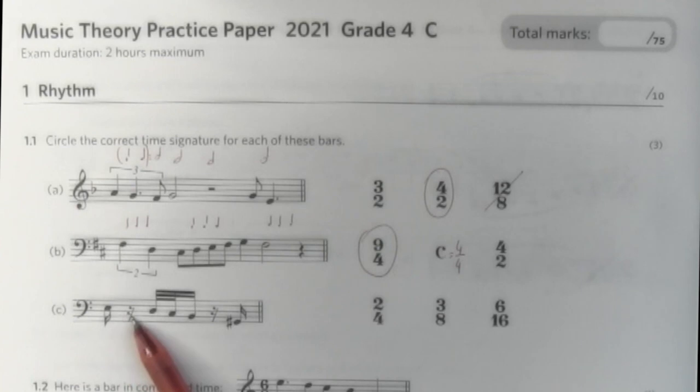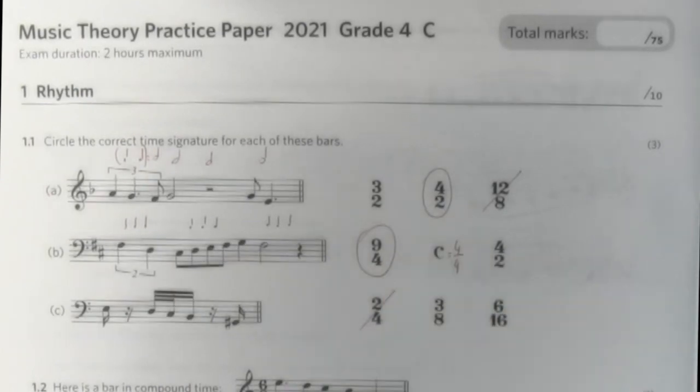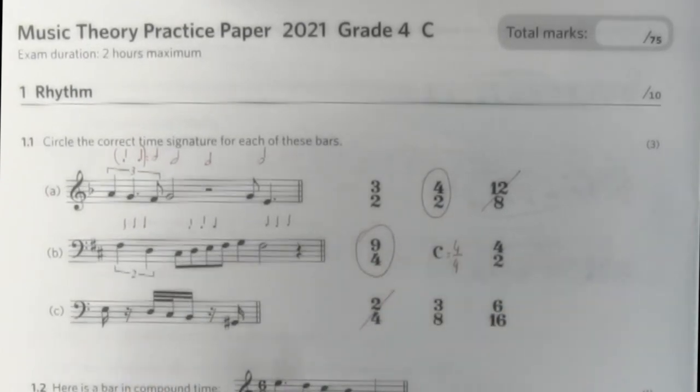Also, 4 semiquavers equals 1 crotchet, and then this is not a crotchet, so definitely not 2/4. Let's see if we have 3 quavers, so 6 semiquavers. 1, 2, 3, 4, 5, 6 semiquavers, or 1, 2 and 3 quavers.